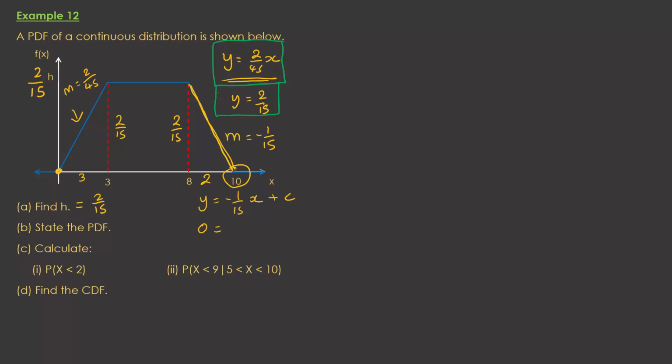So 0 is going to be negative 10 over 15, which is negative 2/3 plus c, and that means that the constant is 2/3, which means that final section there is going to be y is negative 1/15 x plus 2/3. So we need that one as well. And so we can state our PDF.